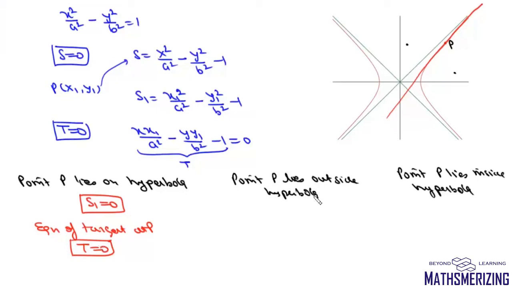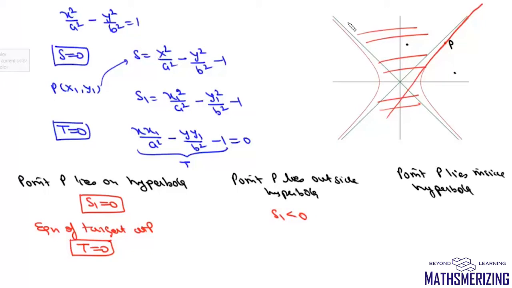Now if the point P lies outside the hyperbola, that is, if the point lies in this region, in that case, value of S1 should be less than 0. Now this condition is different from parabola and ellipse. In case of parabola and ellipse, if the point lies outside, then S1 is positive. But in case of hyperbola, this S1 has to be negative.